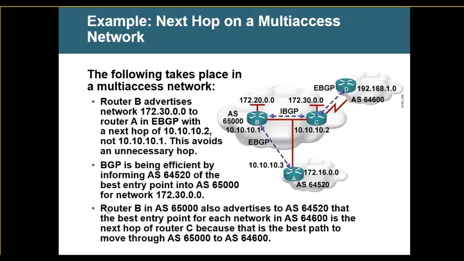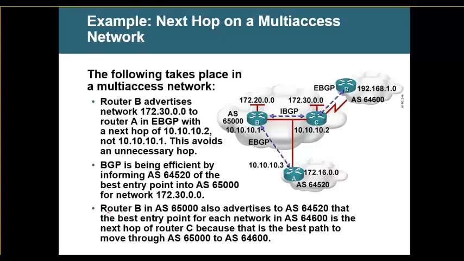Even though B is giving the update, B itself will give the C address as the next hop, because for A reaching C directly is feasible, closer, shortest, best.